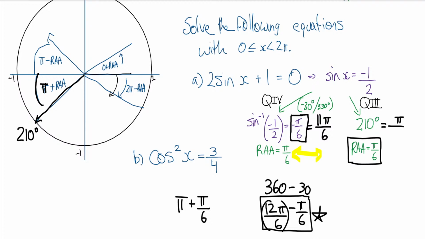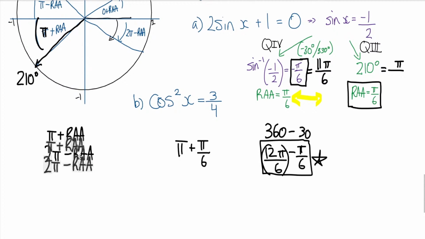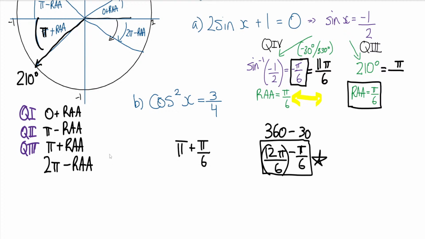Okay. So you're always going to do one of these operations. Once you nail down your related acute angle, it's just about plugging it in. This is just the related acute angle, and this is quadrant 1, quadrant 2, quadrant 3. So if I ever have to get places, this is how we get there.